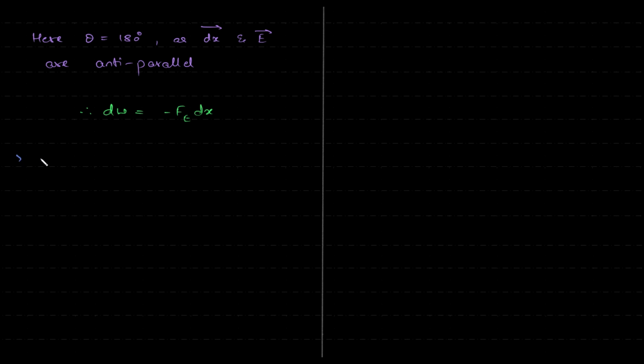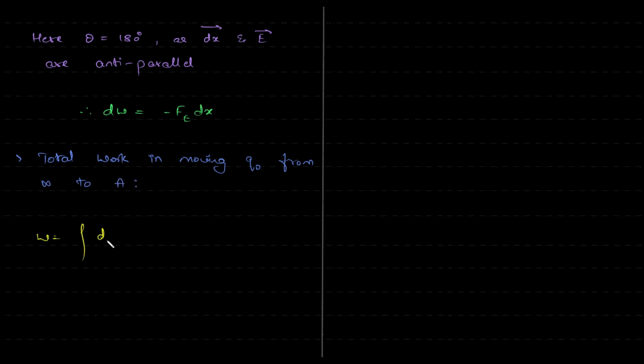Now, what is the total work then? Well, we need to add all the work, right? And moving Q naught from infinity to point A, which is R units away. So how do you do that?